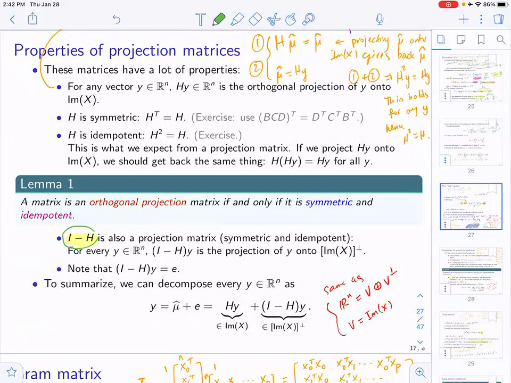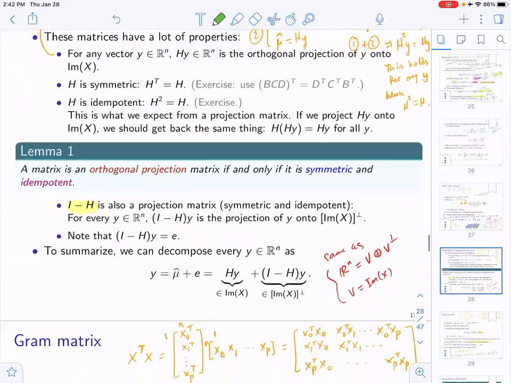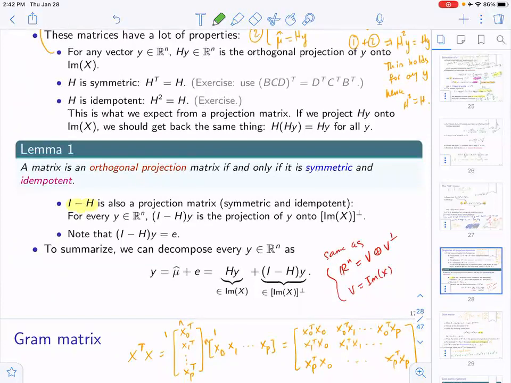So the picture that you have to have in mind is that every vector can be decomposed into two pieces. This we have seen very early on, if you go back to the projection discussion. One piece is the component in the image of X, and the other piece is the component in the orthogonal complement of the image.